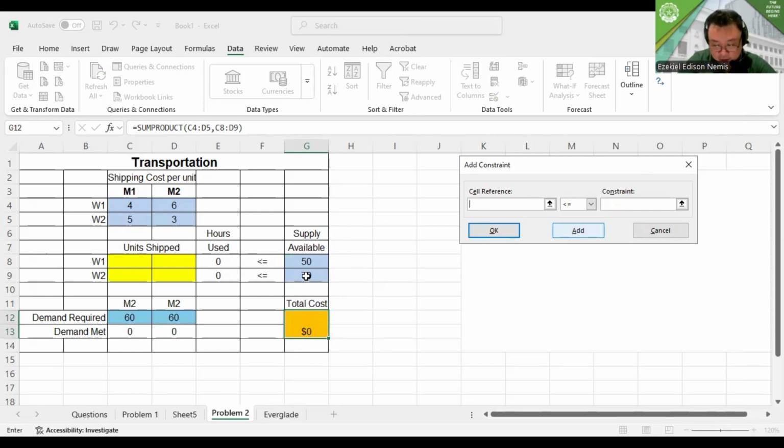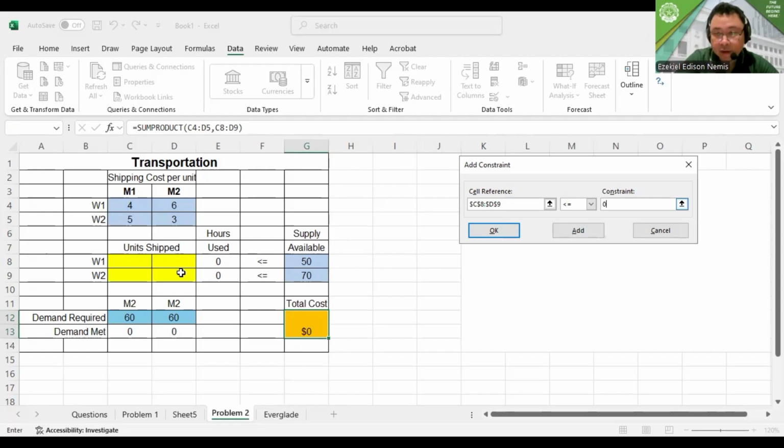So first things first, let us do the other constraint. C8 to D9. Constraint is at 0.